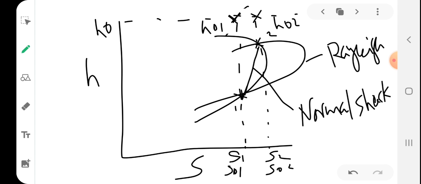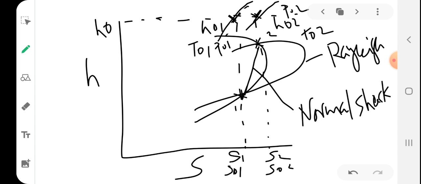If stagnation enthalpy is the same, stagnation temperature will also be the same. But stagnation pressure will be different because they are at different positions, so this will be P01 and this will be P02.